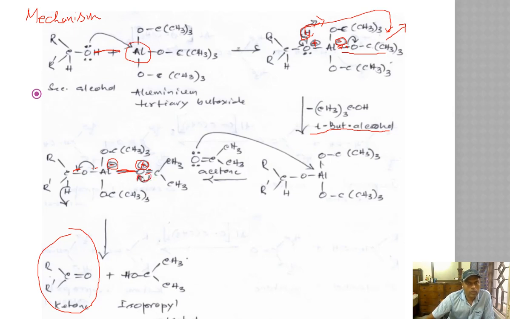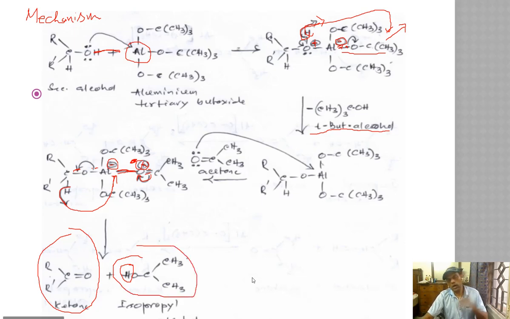Because the electrons are going to shift over here, being negative now, having more electrons, this proton is going to get attached to this oxygen, and this alcoholic group is going to form, and you are going to get the isopropyl alcohol.